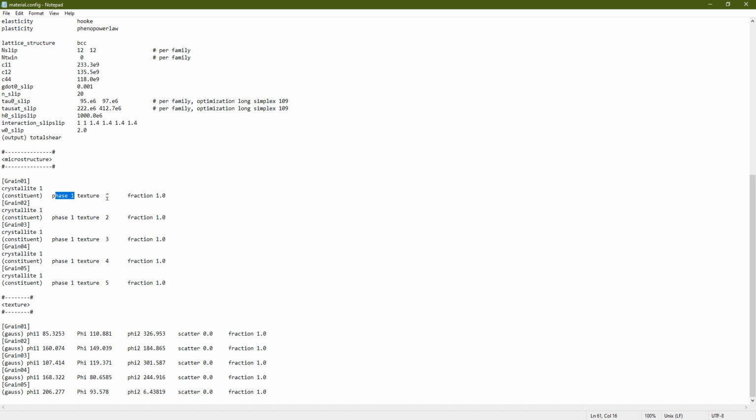It is texture 1, texture 2, texture 3, texture 4, texture 5, which is basically orientation, and which is defined here for grain 1. So texture 1 means this, texture 2 means this, texture 3 means this, texture 4 is this, texture 5 is this, right? And you will see all these angles in the Euler space are different.